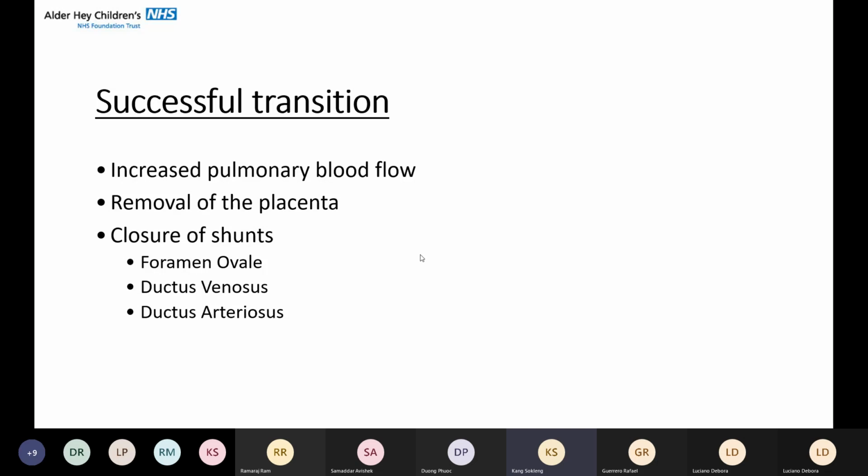It really depends on the gestation at which you do the intervention, because the earlier you do it, the higher the risk of fetal demise anyway. Within these two cohorts that underwent fetal atrial interventions, there was a fetal demise rate of 10 to 14%.